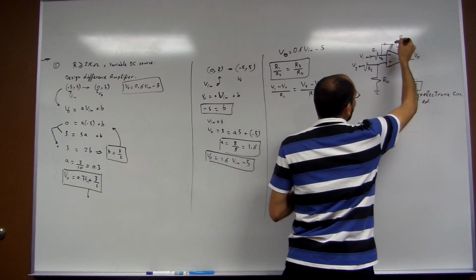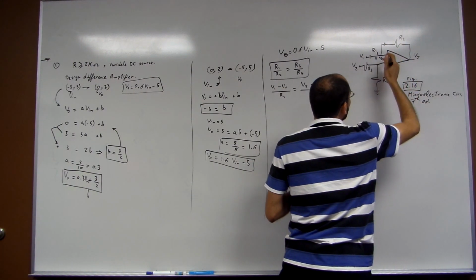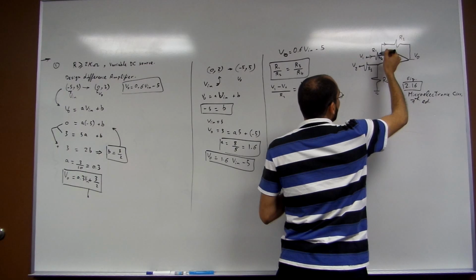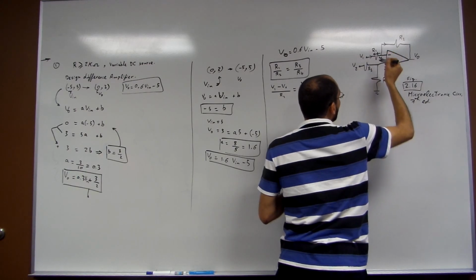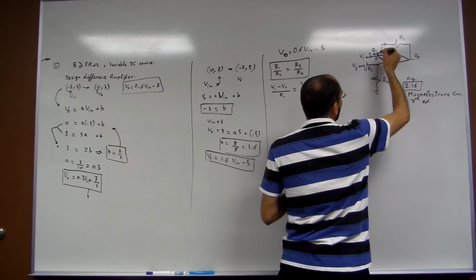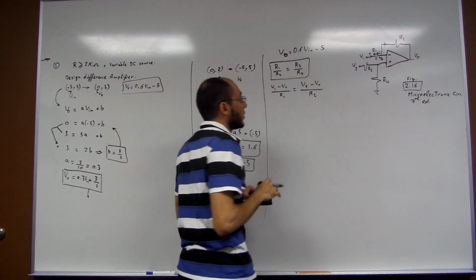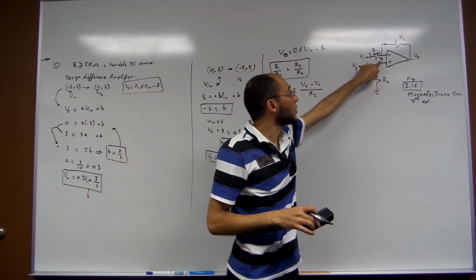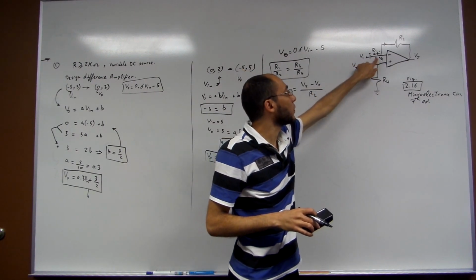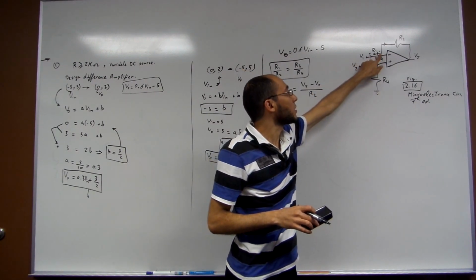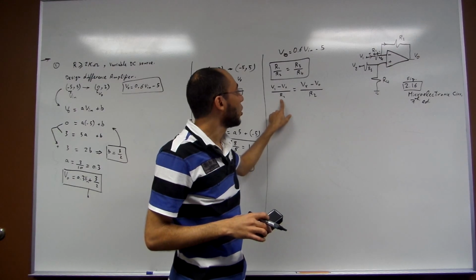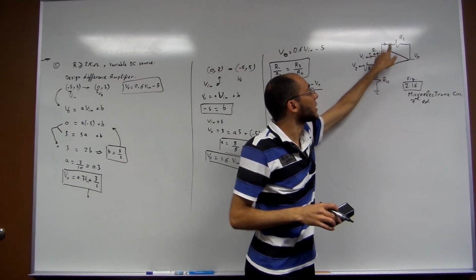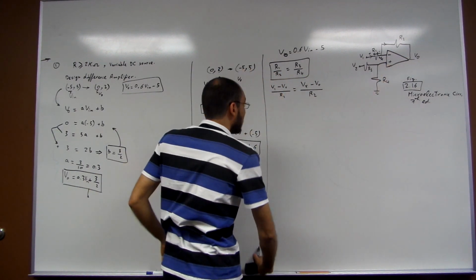The current passes from the high voltage to the low voltage, so if I want to calculate the voltage difference, I take the high voltage minus the low voltage, which is V1 minus Vx over R1. Then the current passes Vx minus V output over R2.